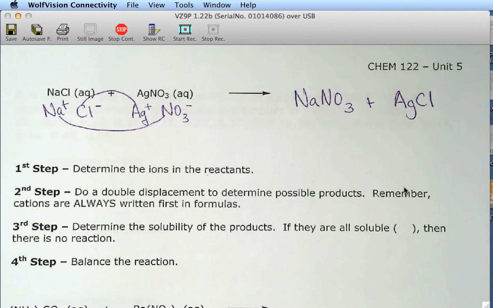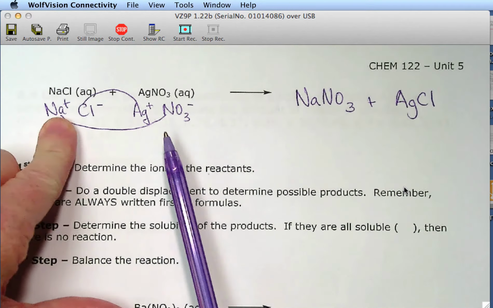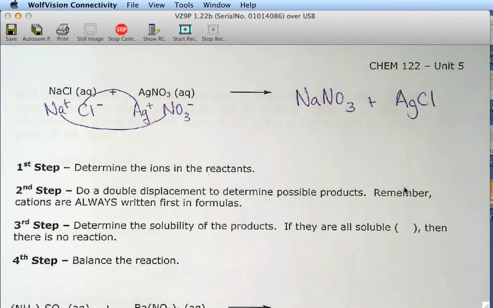But if you had written NO3Na or ClAg, that would be incorrect because the cations have to be written first. All right, so we've written the formulas. These were pretty straightforward formulas because it was a 1-to-1 ratio. You didn't have to do any of that funny cross and drop business.